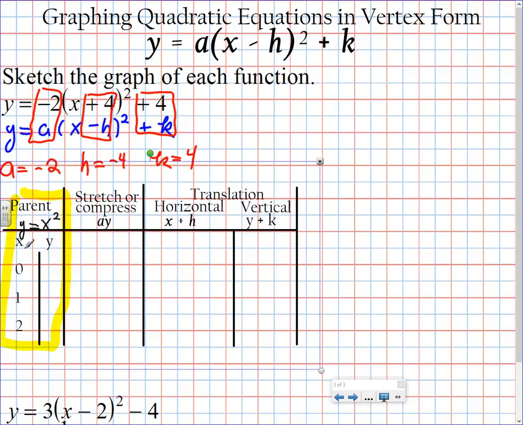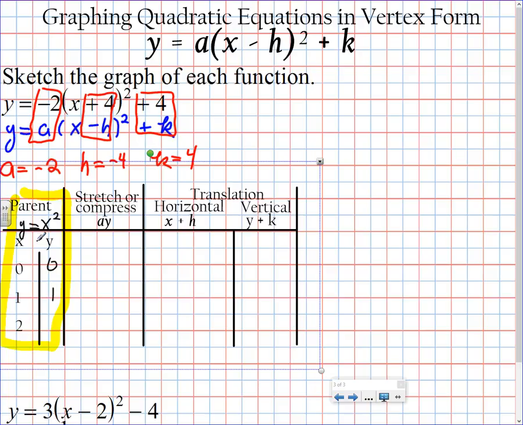Now the way you do it is: if x is 0, what is y? If x is 1, what is y? If x is 2, what is y? So let's do x equal to 0, put 0 in here. 0 squared will give you 0. So y will be 0. If x is 1, 1 squared will give you 1.